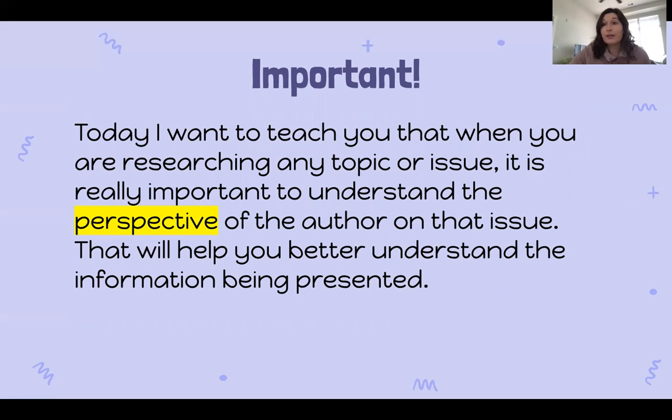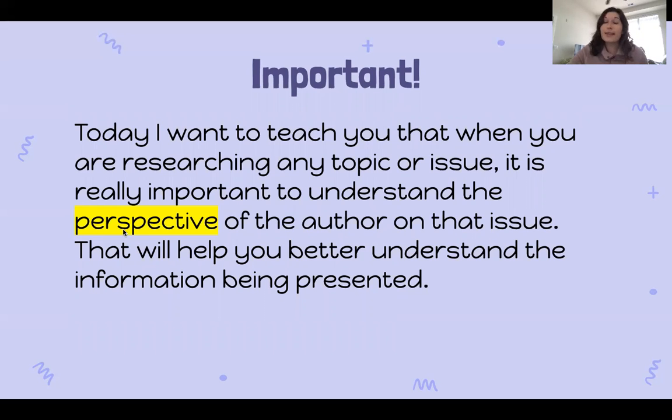So, for example, if you are reading an article about your debatable issue, and let's pretend your debatable issue is, is technology harmful to children? Now, if you are reading an article that talks about how violence in video games can make children more aggressive, the perspective of that author is going to be against the issue.